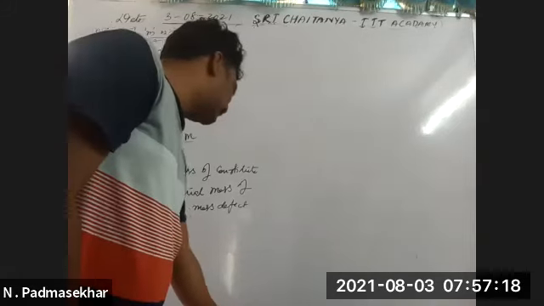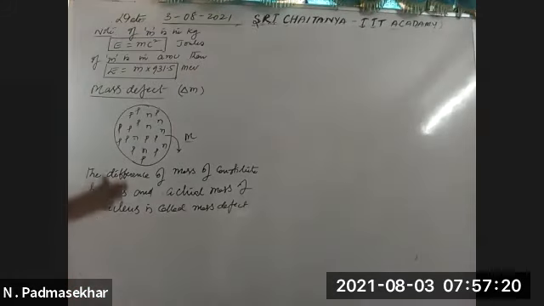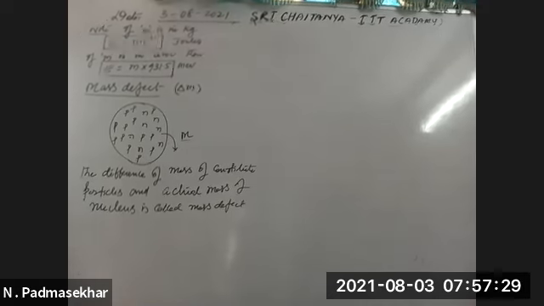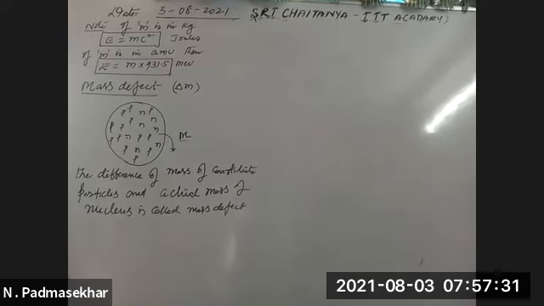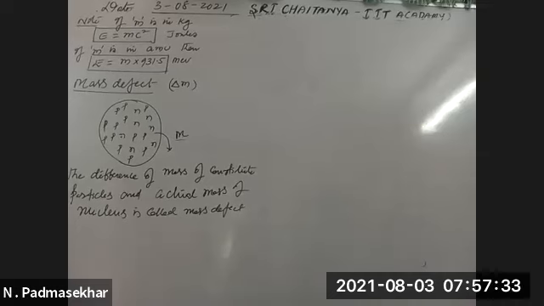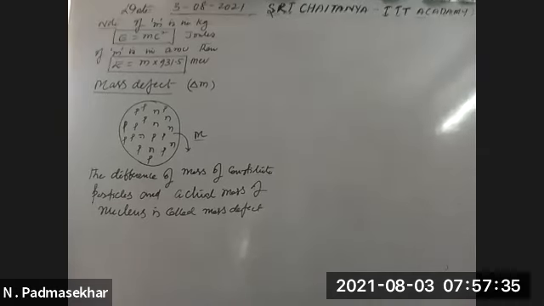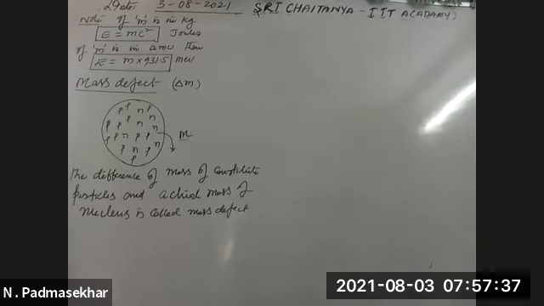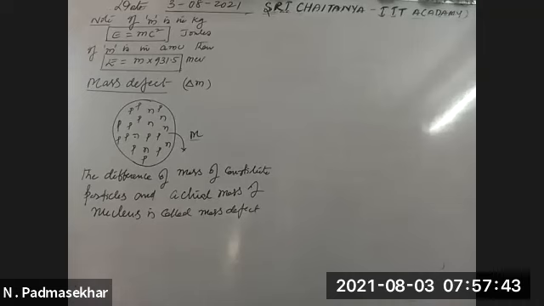And see here, how to find out that mass defect? The mass defect ఎలా మనం find out చేస్తాము. Okay, how to find out mass defect? ఏ విధంగా మనం mass defect ని find out చేస్తున్నాం.